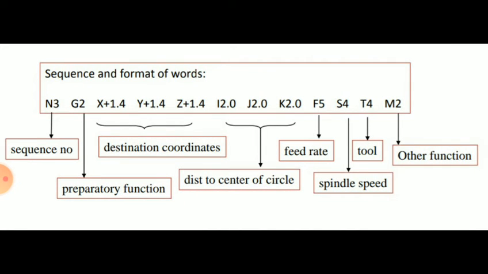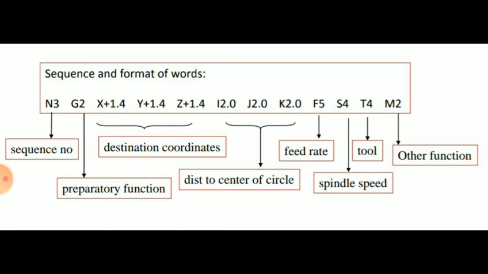So this is a particular block that is used in part programming. The block is N3, G2, X 1.4, Y 1.4, Z 1.4, I2, J2, K2, F5, S4, T4, M2.